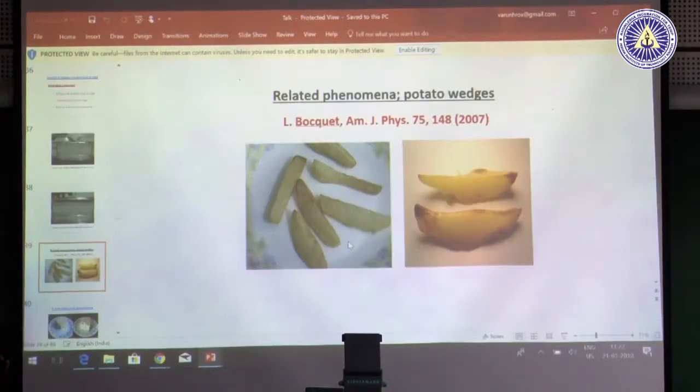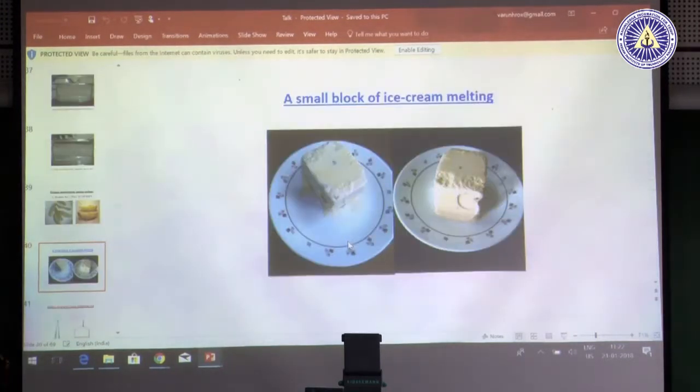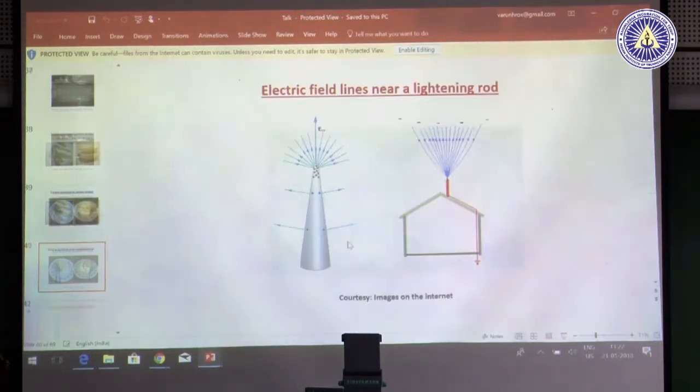If you look at potato fries, right, this is a picture taken at home, you see they become darker at the edges, right. Similarly, if I look at an ice cream block, it melts at the corners, right. And where do I use that?